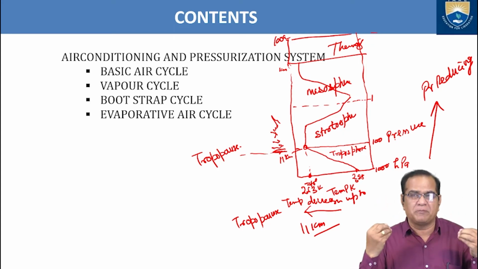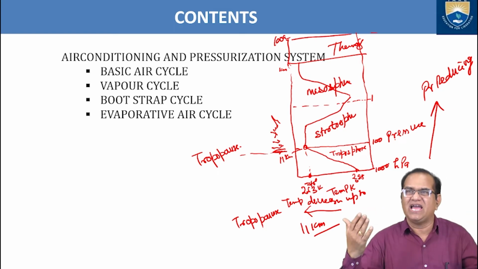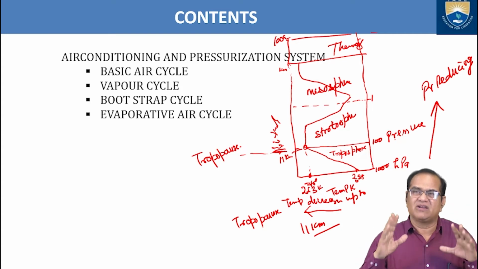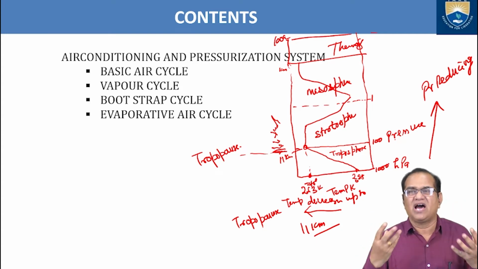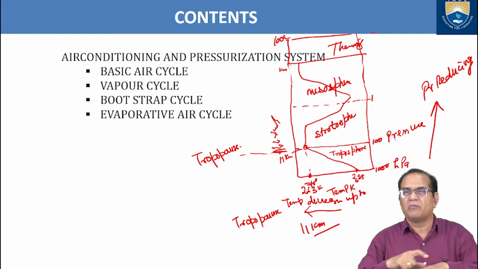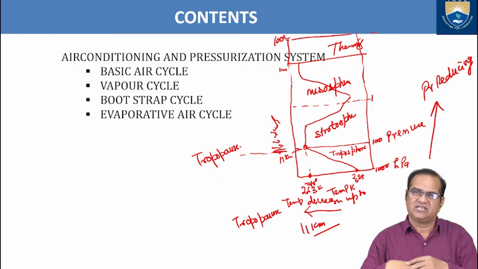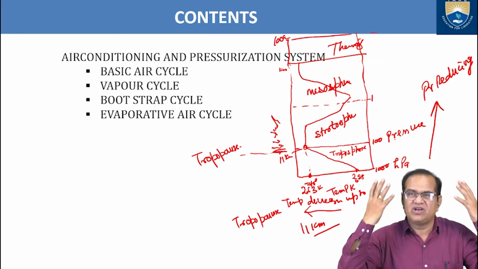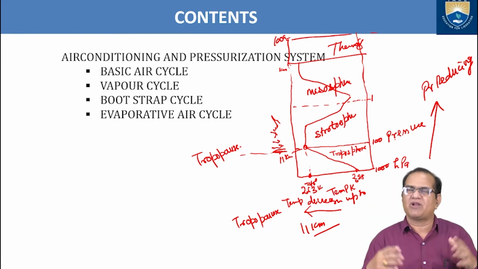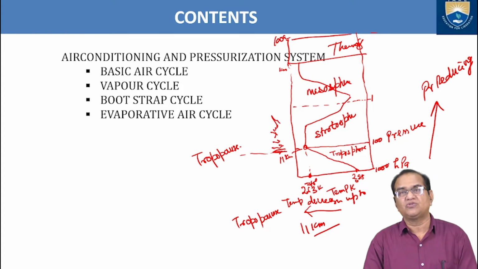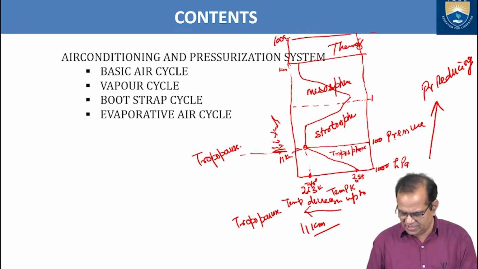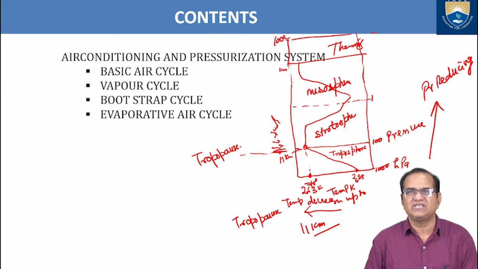Sometimes our ear may pain, and if you go to a very high or very low pressure zone, the membrane of the ear may burst, and the eye will also be affected. Your brain and blood vessels may also get fractured, and there may be many problems. So we should understand how we can generate air conditioning and pressurization of the aircraft. That is the objective of this class.